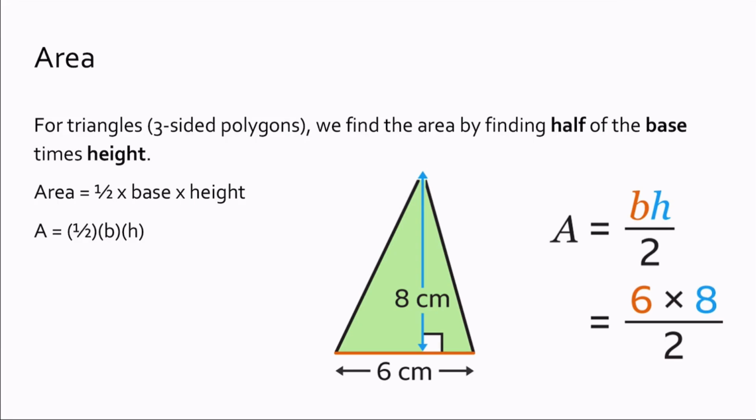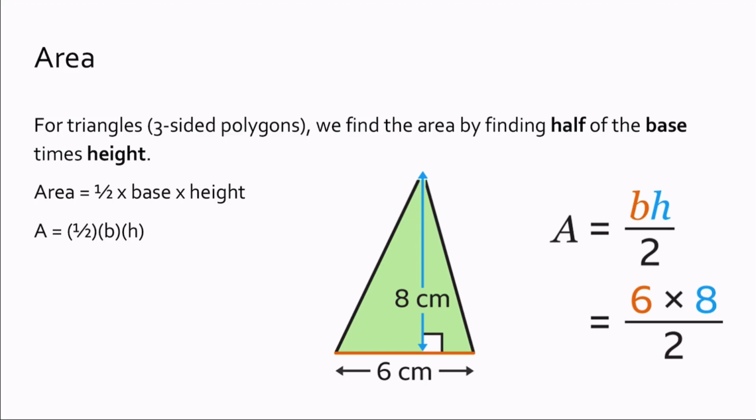Now for triangles, we find the area by taking the base times the height and dividing it by 2. The reason for this is that really a triangle is half of a square, right? Or half of a rectangle.